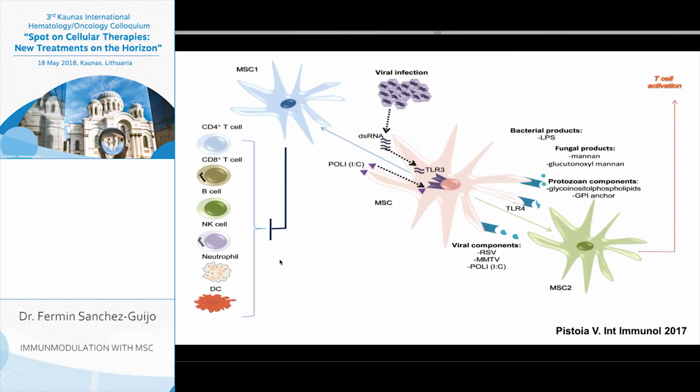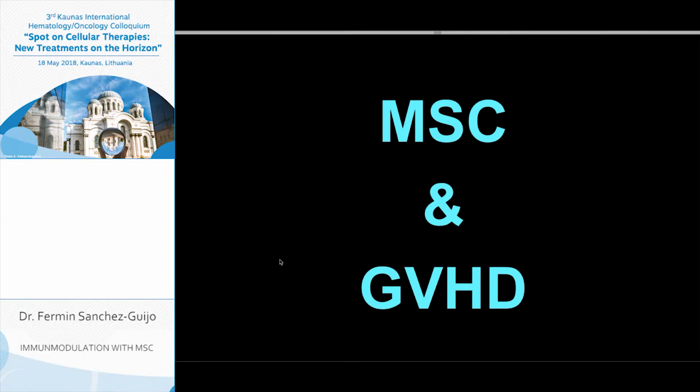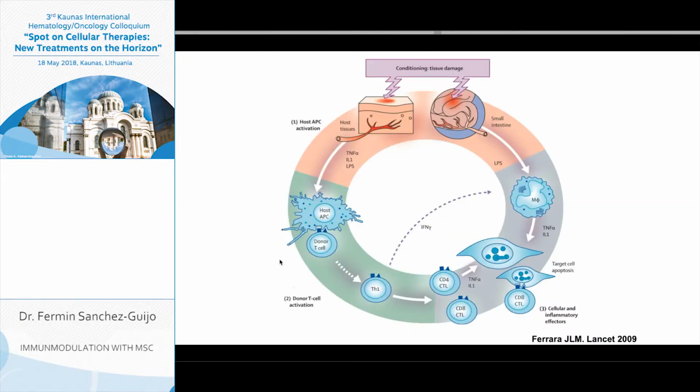So what's the situation from a clinical point of view of the role of MSCs in GVHD? You all know this is the classical Ferrara slide showing the pathophysiology of acute GVHD: the activation and inflammation of the recipient's tissue by conditioning and other agents, the activation of the donor T cells, and finally the tissue damage.